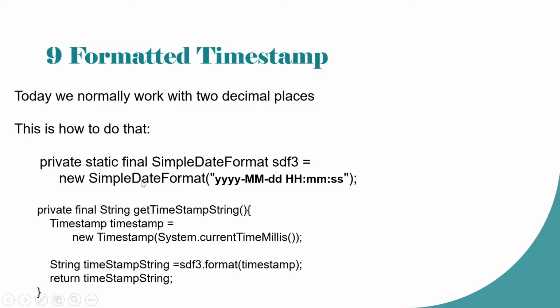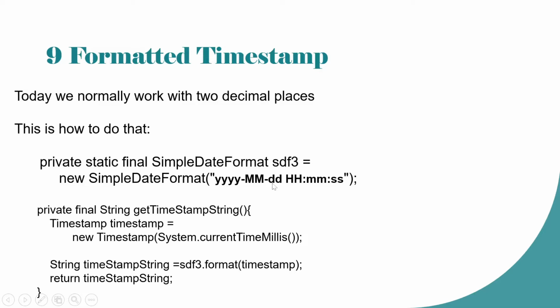So the way this works is we create a simple date format. We use SimpleDateFormat, and we declare it as a static. You see, this is a final, and this is a format. You can create different formats. So this could have been ISO. You can create another format for British and another format for USA date.